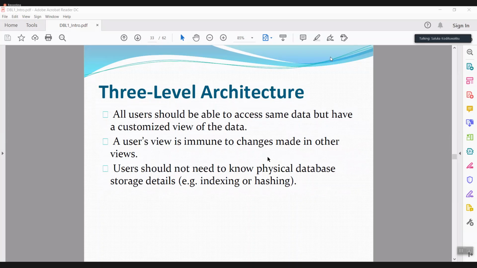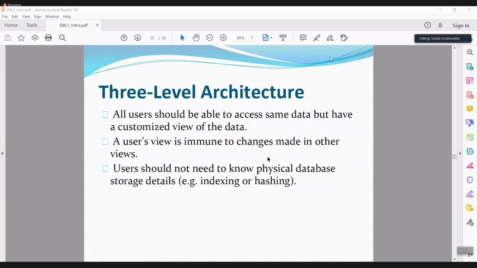To achieve this data independency, DBMS has been architectured into three particular levels. These three levels facilitate end users to access the database. It also requires minimum effort from the database designers when they design the database logic, and then modify or refine it.